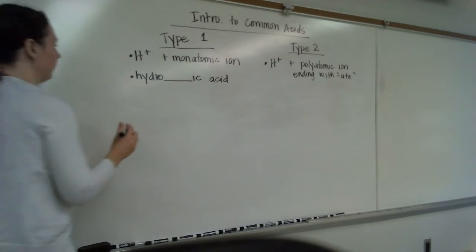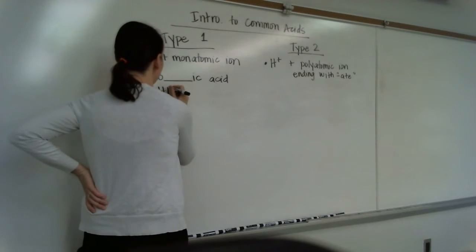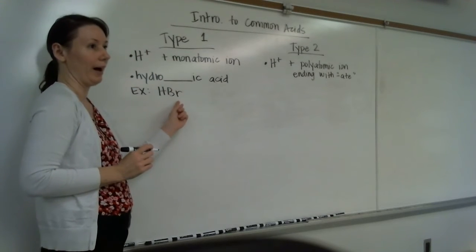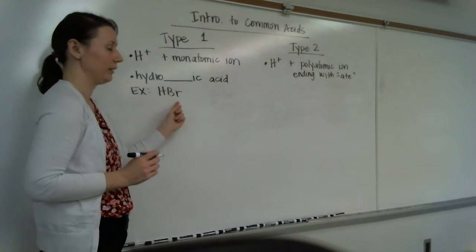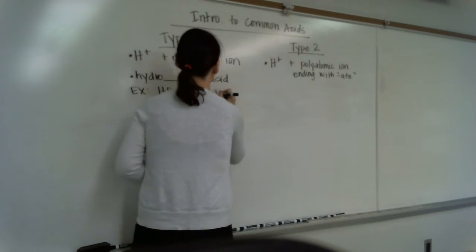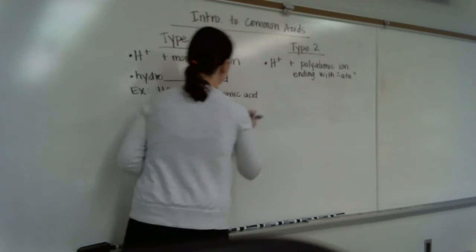So for example, HBr comes from H plus and the bromide ion, right? So this would be hydrobromic acid, right?